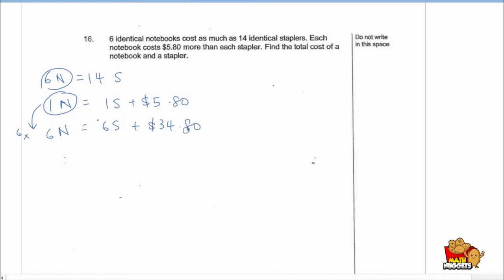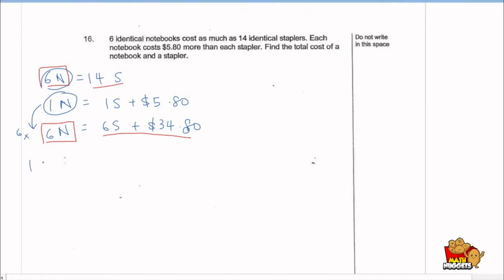Now, after I have this, I have my notebooks the same. So 6 notebooks is equal to 6 notebooks, which means 14 staplers will be equal to 6 staplers plus this.